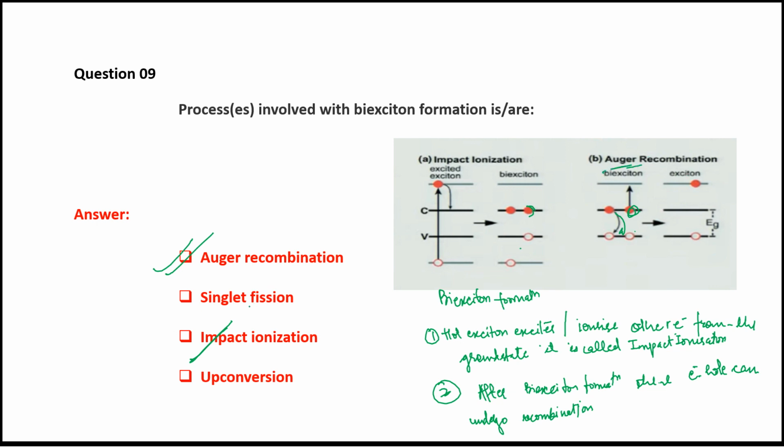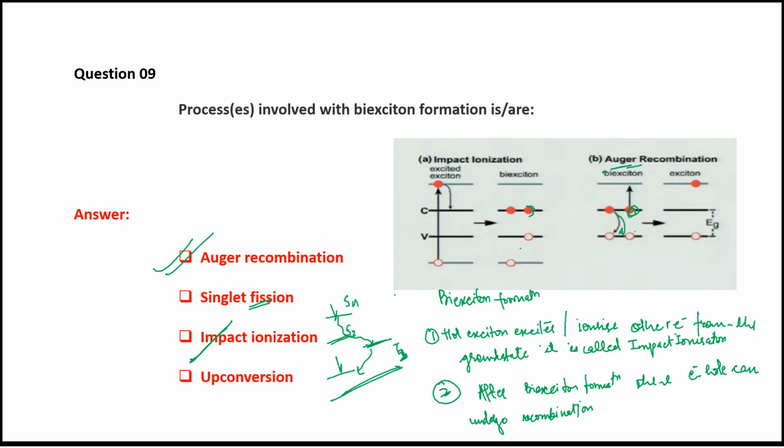Apart from this, there is one more that is called singlet fission, but this is not different from that. Say that this is the energy level gap. This is some high order Sn state. Now, when the electron comes from the Sn state to the ground state, if the energy of the triplet state is lower than that of the second singlet state, then it may lose energy, come to the triplet state, and then further come to the ground state.